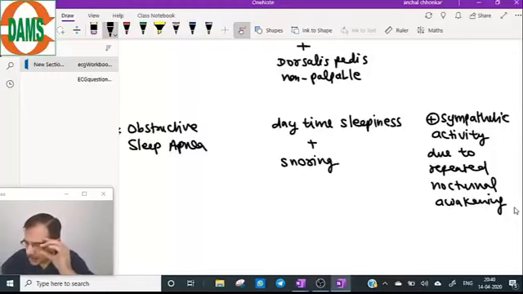It is also a constituent of metabolic syndrome Z.